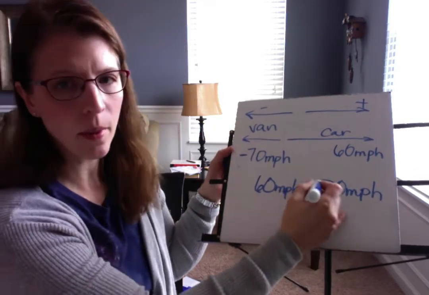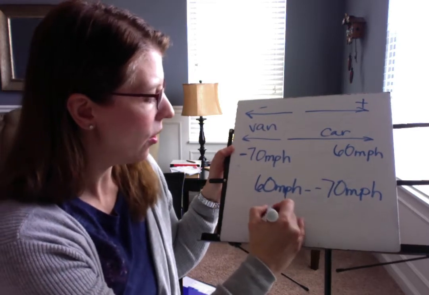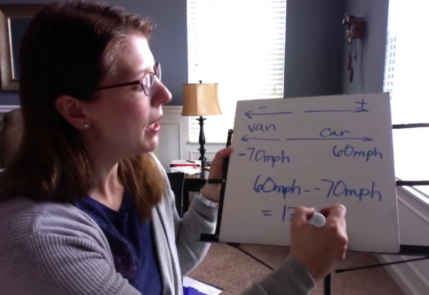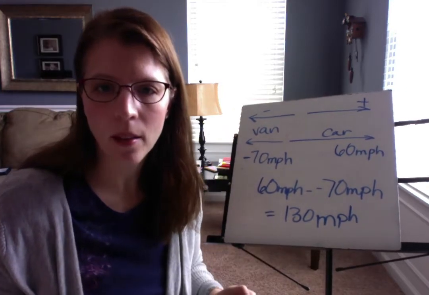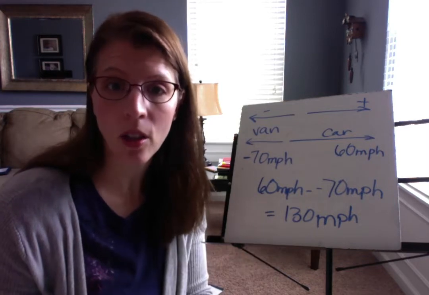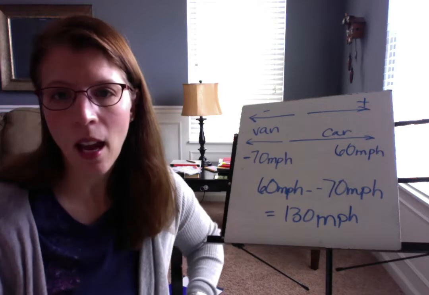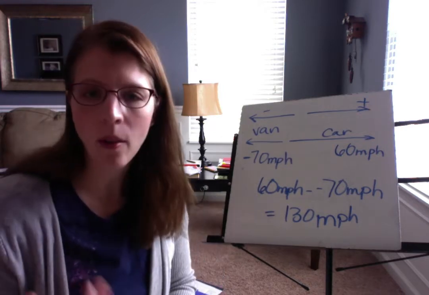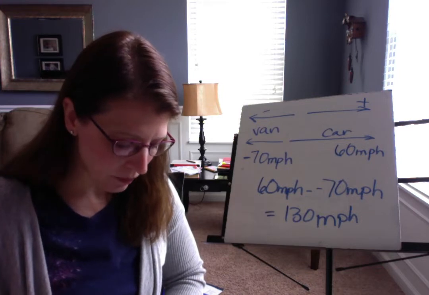Okay, and what happens when we have minus minus? Of course, they become positive. And so we have the speed between them is 130 miles per hour. That's how quickly they are moving apart from each other. So I hope that makes sense, and that's what your lab is supposed to be showing us, how important it is to know the direction.